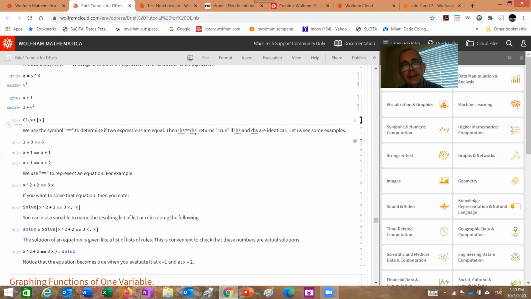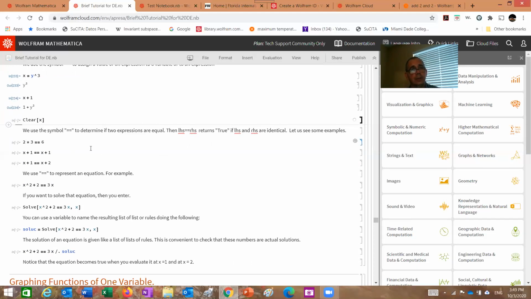When the left expression is double equal to the right expression, it returns true if the two expressions are identical or equal, and it returns false, or it doesn't return anything, if they are not equal. Let's see some examples.